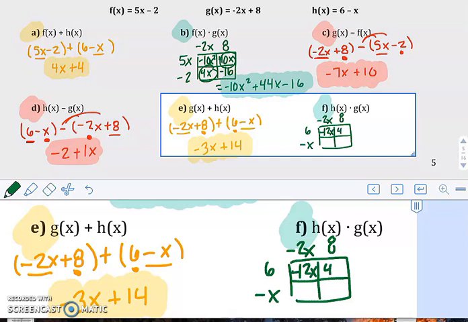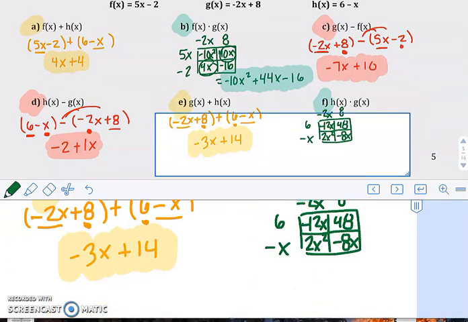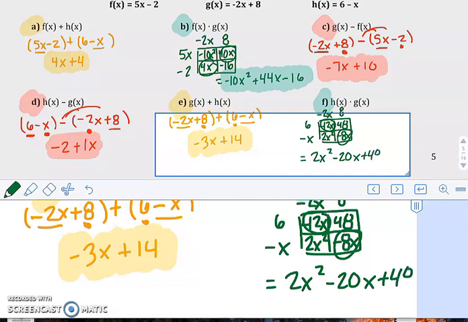We get 48, positive 2x squared, and negative x and negative 8x. So our end result here will be 2x squared, negative 12 plus negative 8, negative 20x, plus 48.